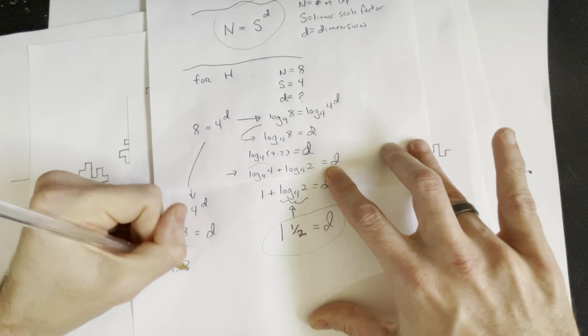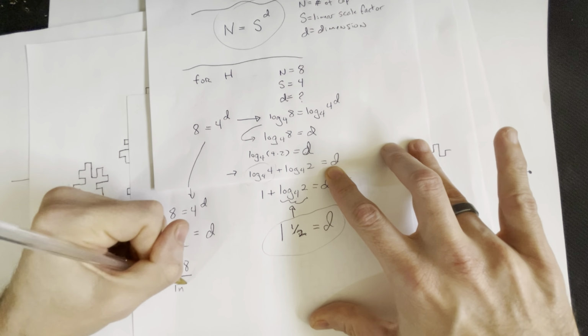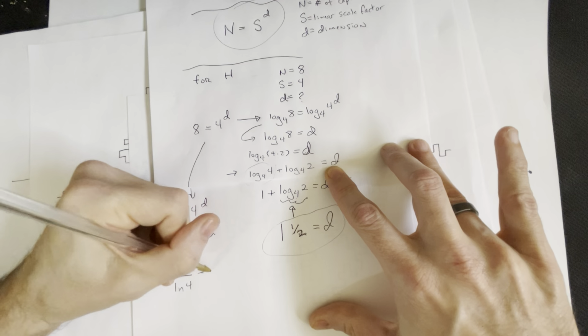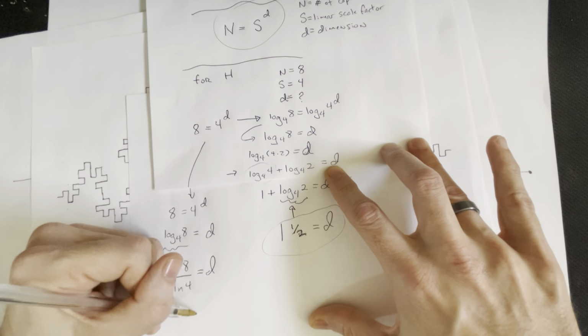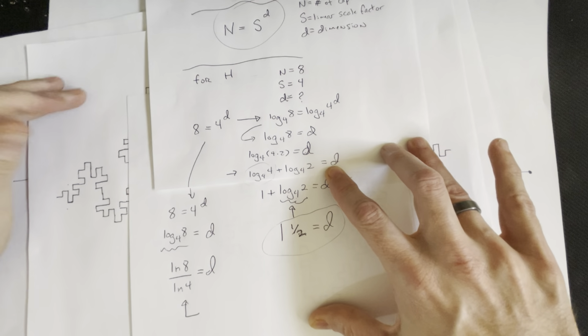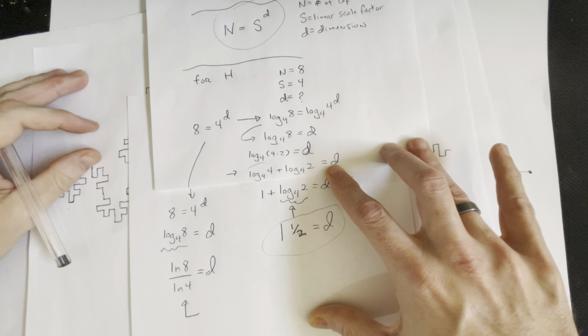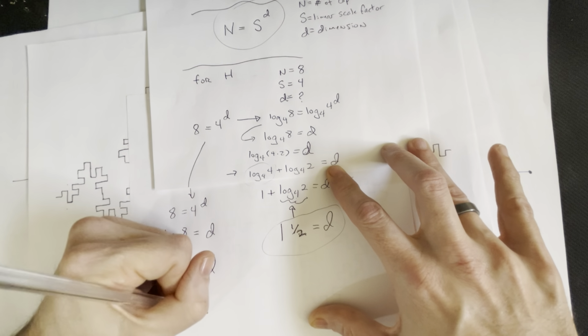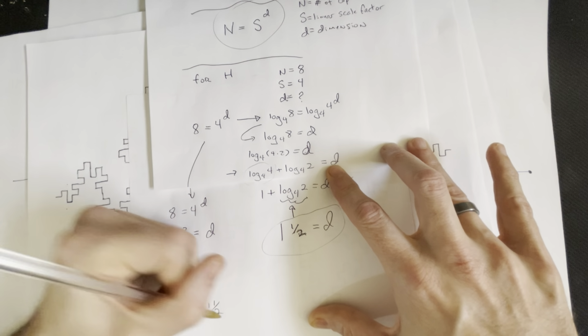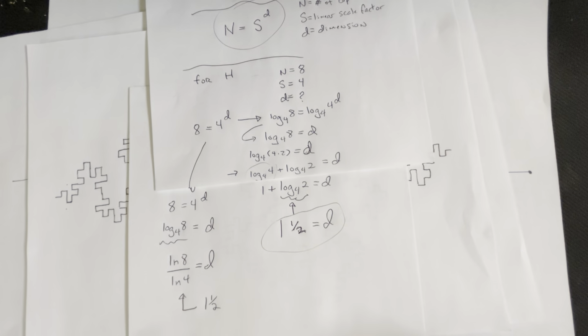This would be natural log of 8 divided by natural log of 4. And if you put this in, it's going to be 1.5. Okay, so that's kind of cool.